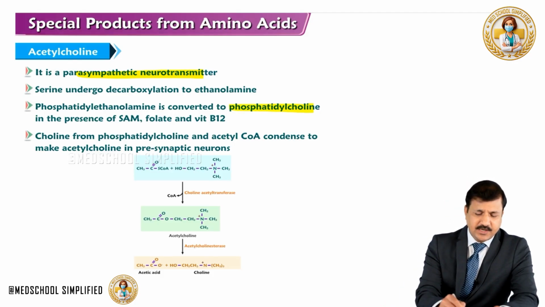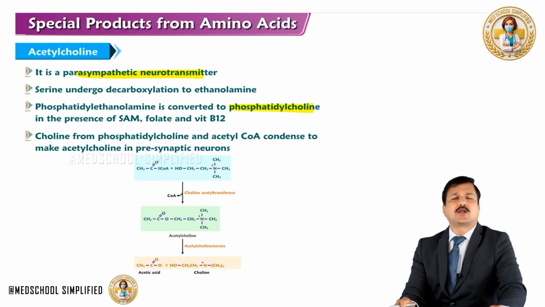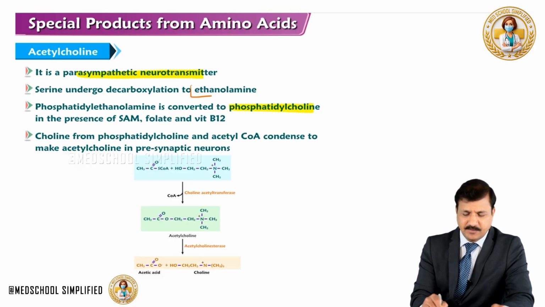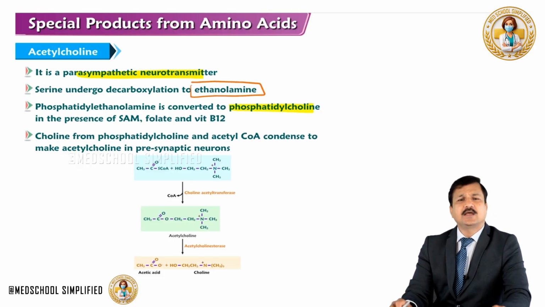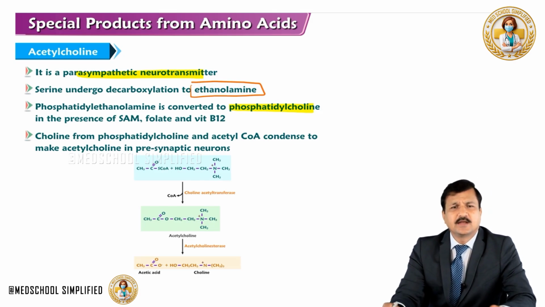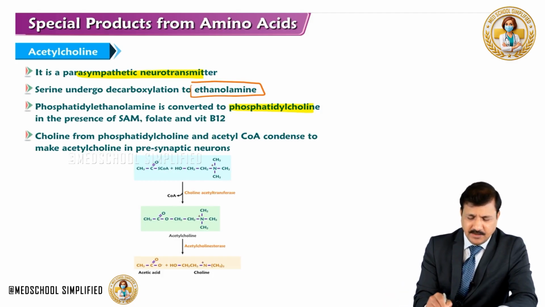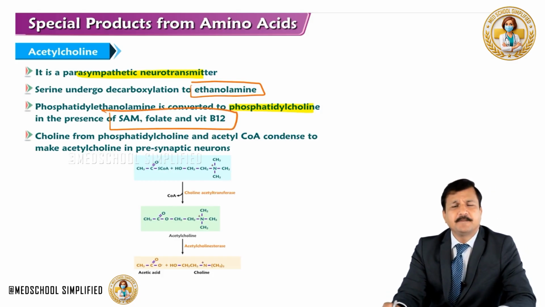In order to make phosphatidylcholine, serine has to undergo decarboxylation to make ethanolamine first, and the ethanolamine is phosphorylated, so phosphatidylethanolamine is converted to phosphatidylcholine in the presence of three molecules: SAM, S-adenosylmethionine, folic acid and vitamin B12.